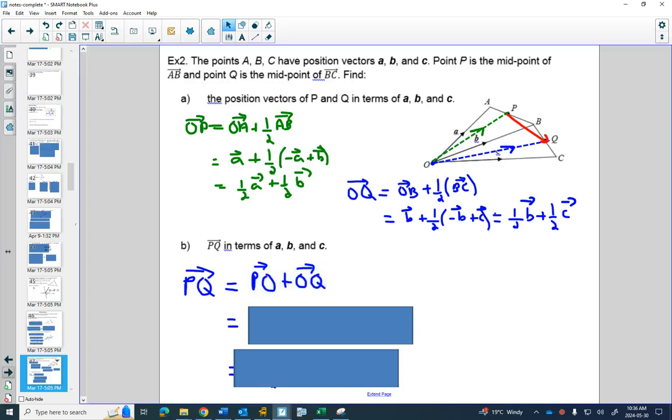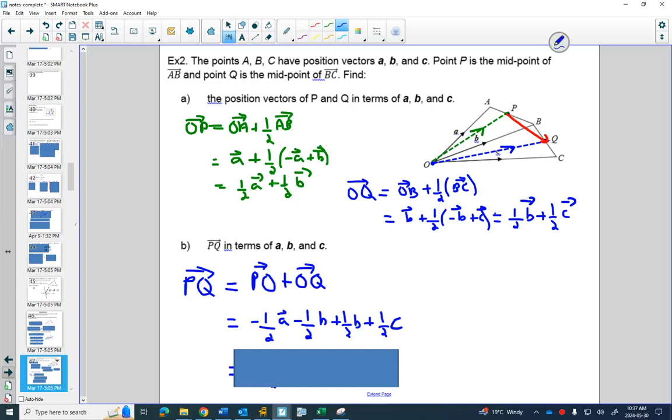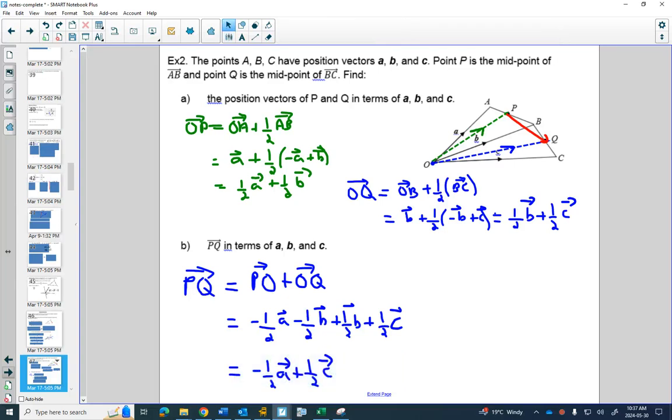So that would be P to O plus O to Q. And P to O is negative O to P, so I get negative 1/2 A, minus 1/2 B, plus 1/2 B, plus 1/2 C. And if I combine my like terms, I just end up with negative 1/2 A plus 1/2 C.